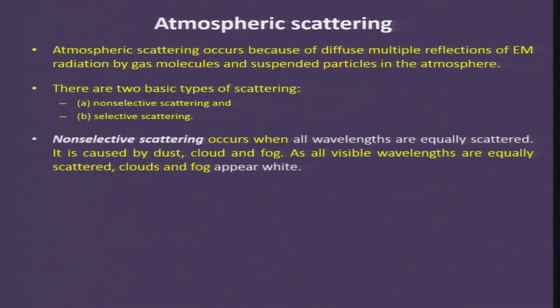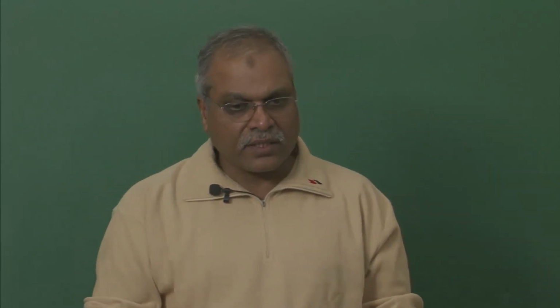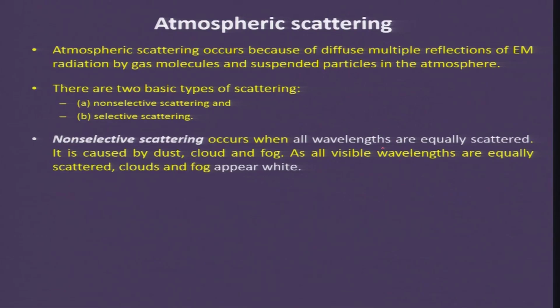It is caused by dust, cloud or fog. As all visible wavelengths are equally scattered, clouds and fog appear white. This is a very important point: if all wavelengths are equally scattered, then that object or area will appear white.